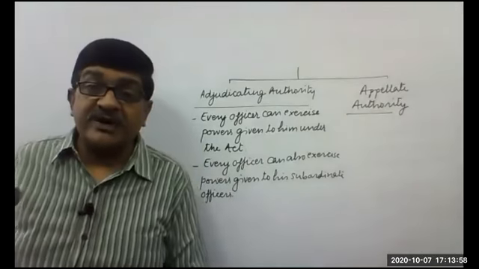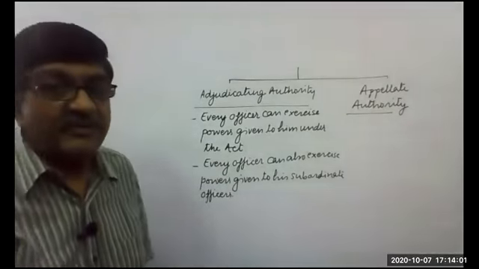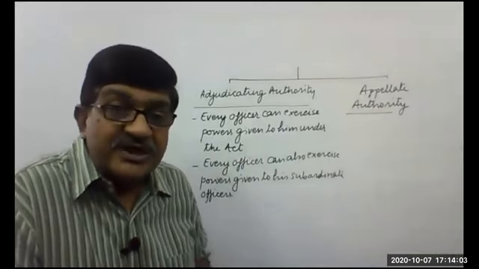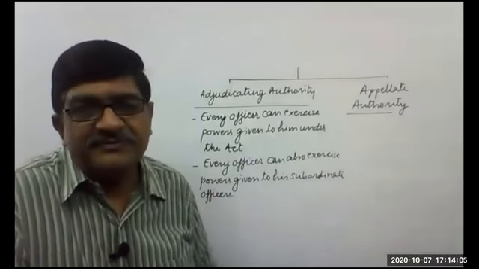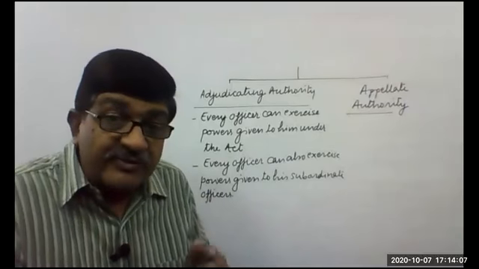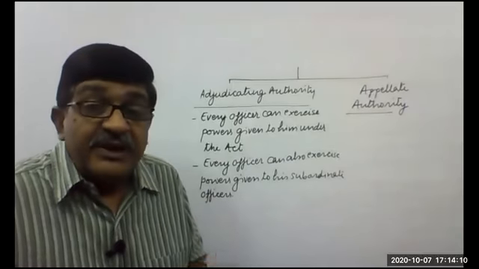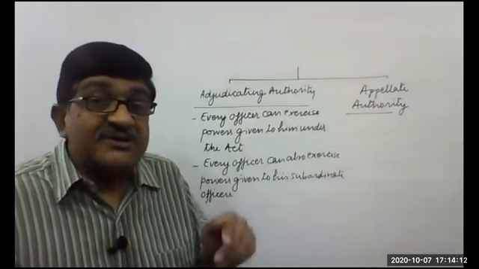Whatever powers are given to him, those are certainly exercisable by him. But in addition to that, he can also exercise the power of his subordinate officer. Now, if you look at the designation of Commissioner Appeal, then Deputy Commissioner and Assistant Commissioner are certainly below him.